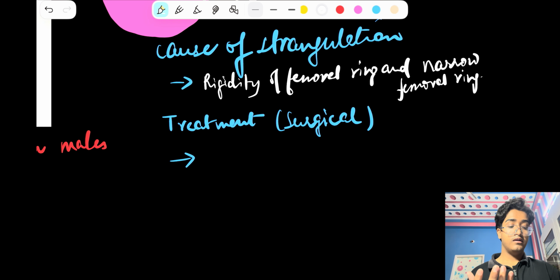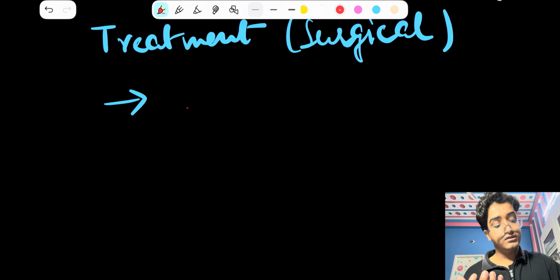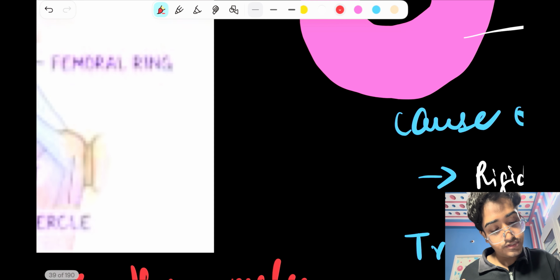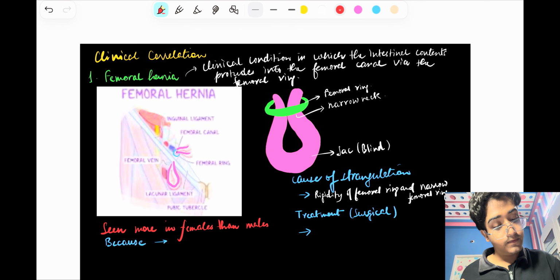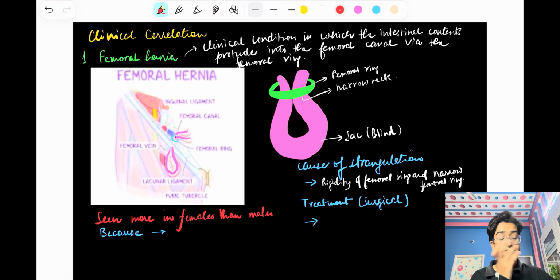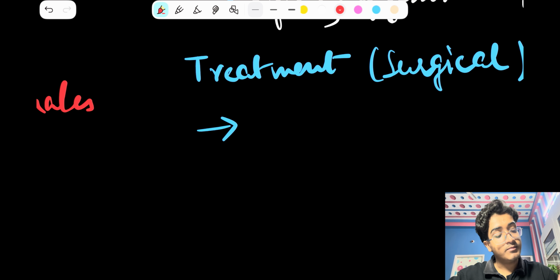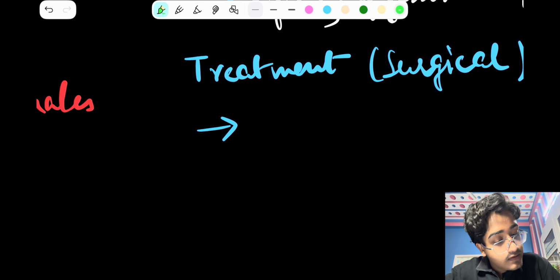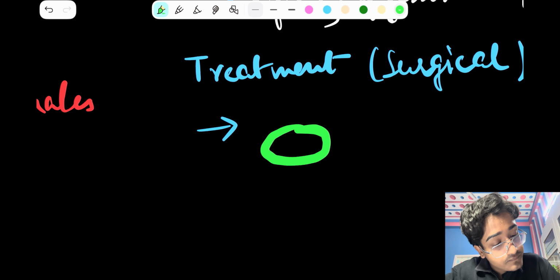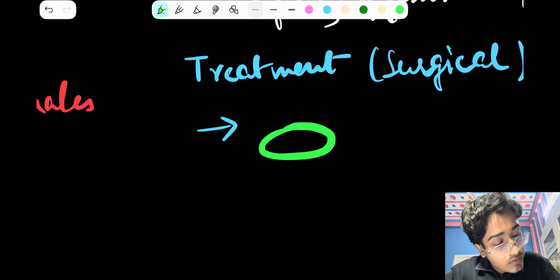Now it has surgical methods of treatment, like the surgeon will incise the lacunar ligament part of the femoral ring. Wait, let me show you. This was the femoral ring, and this part is your lacunar ligament.